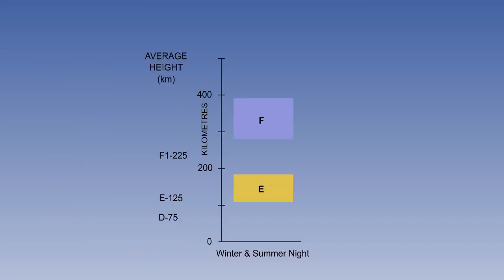At night, the electrons and ions begin to recombine, doing so more quickly at lower levels where the sun's radiation is lost first. Consequently, the E layer is effective at a greater height for a while at night, and is able to refract waves further than during the day.